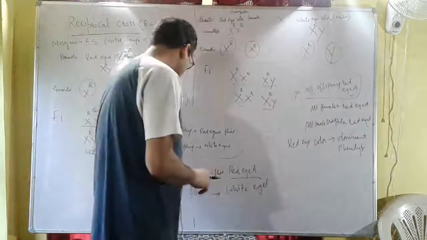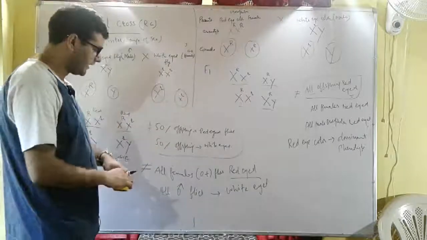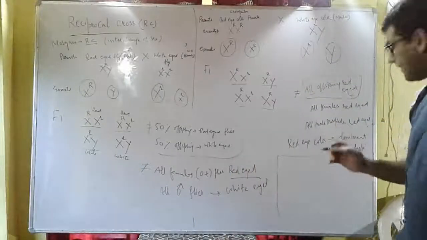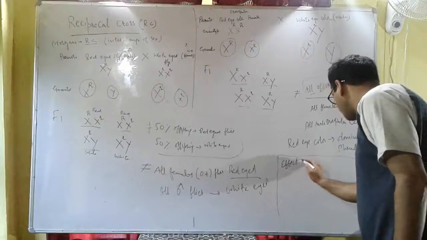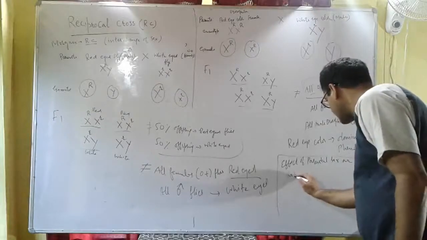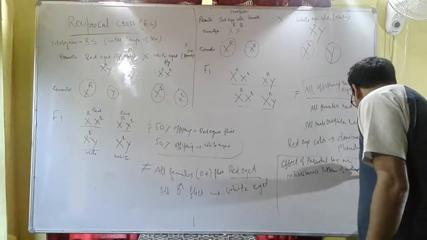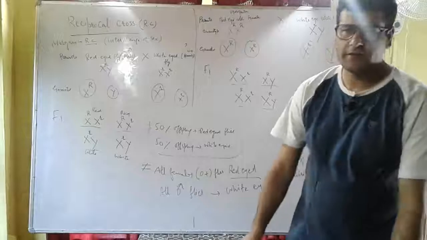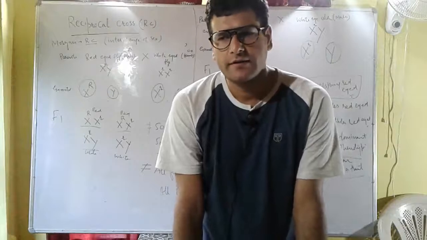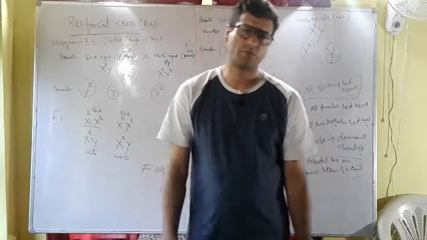If there is an effect of parental sex on the inheritance pattern of a trait, that means the trait is located on a sex chromosome, and the results of the original cross would be different from those of the reciprocal cross.